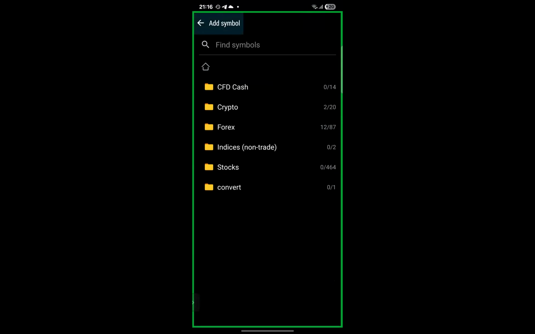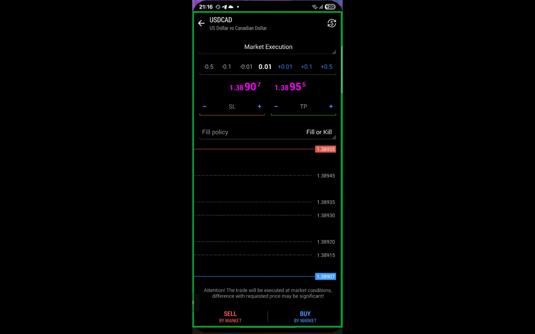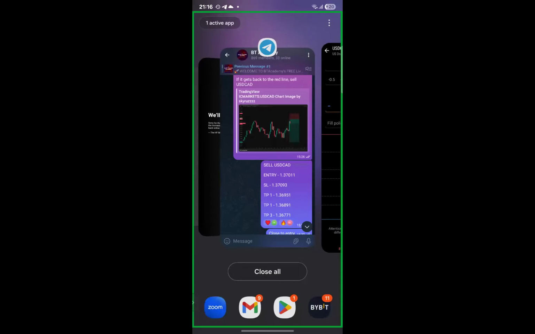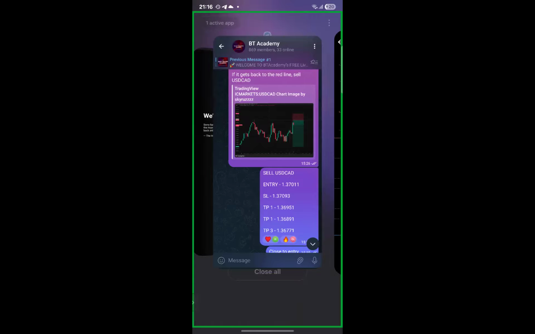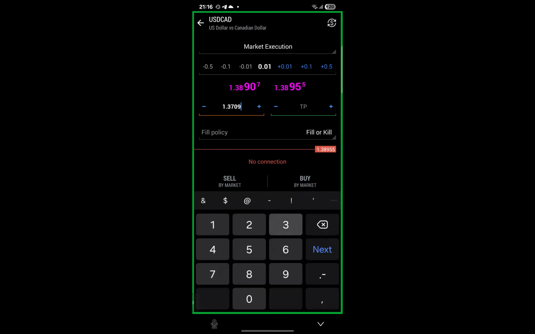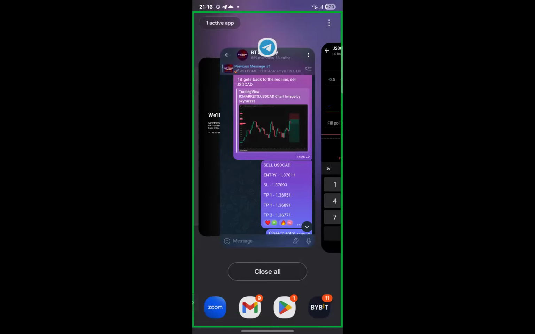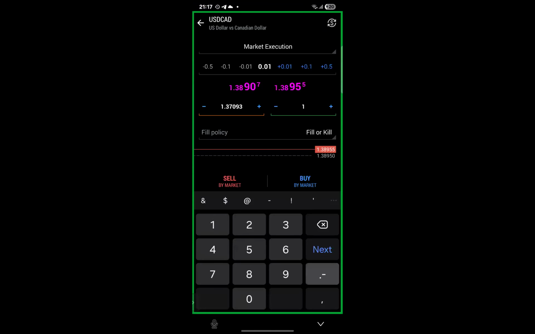Tap on it. Tap on new order. Entry is 1.37093. TP, let's say I want to go with TP1, is 1.36951.